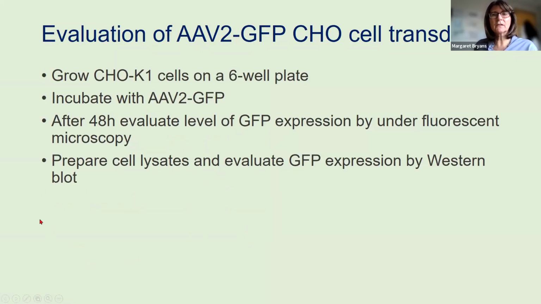Similar to what Dominique did, we grew CHO cells on a 6-well plate. We purchased AAV2 GFP, recombinant adeno-associated virus serotype 2, from Vector Builder, the same product that Dominique used, and we incubated and transduced CHO cells with that.